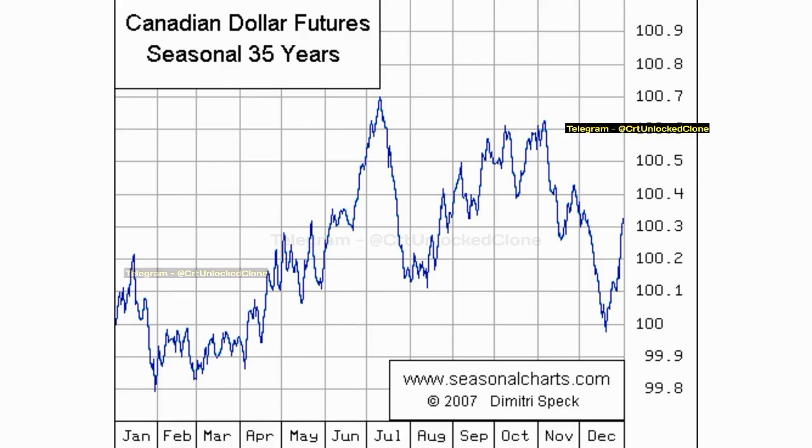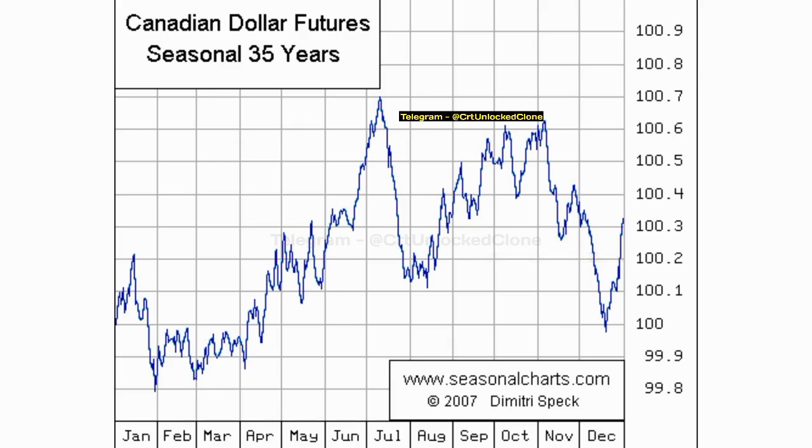For example, the Euro USD seasonal chart that I showed you earlier was a Euro USD seasonal chart, which means that if you are trading the Euro USD forex pair, then you would use the same seasonal chart without doing anything with it, right? Because their name is the same, both are Euro USD, nothing is different.